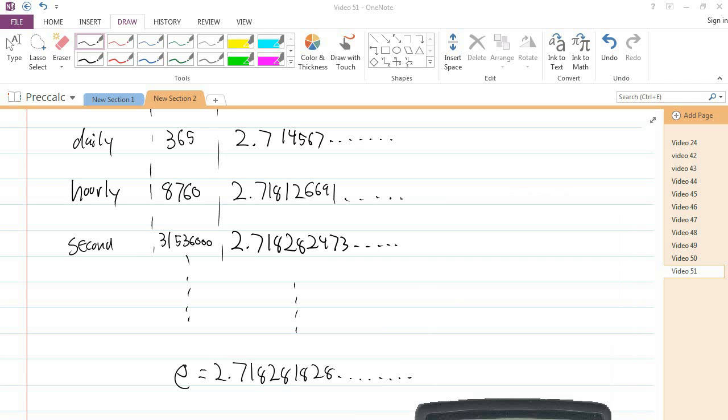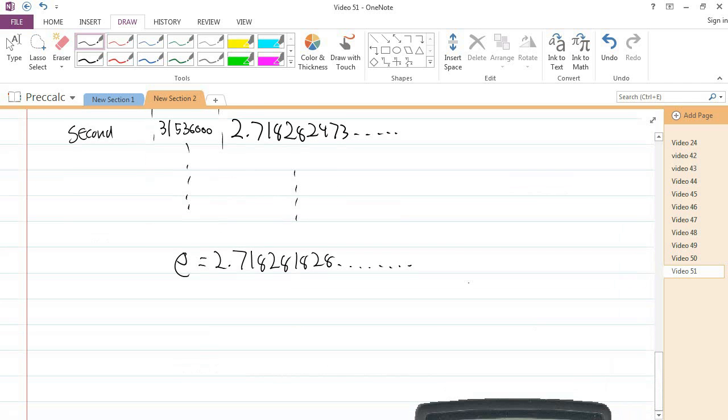Now, despite appearances, E is like pi. It is non-terminating and non-repeating. It is an irrational number or a transcendental number. E has a lot of neat properties, but in this context, E represents continuous growth.